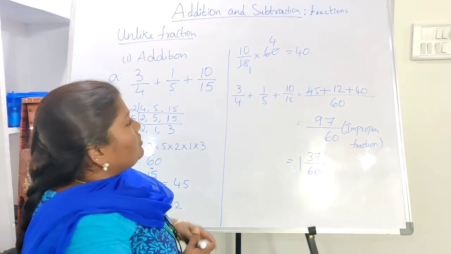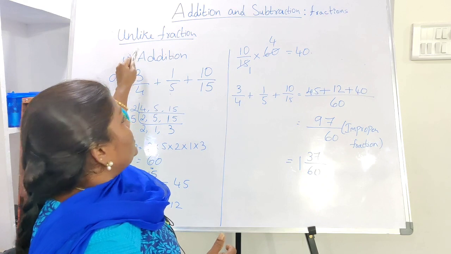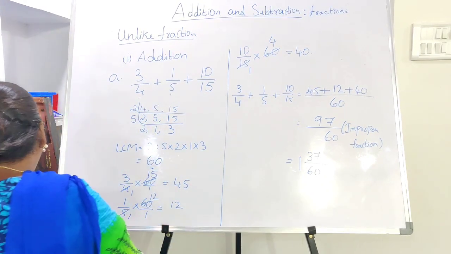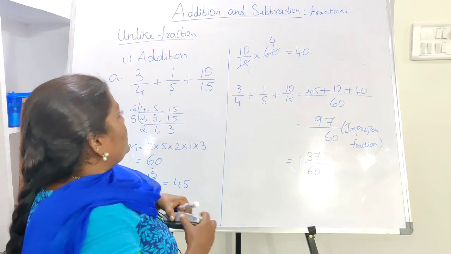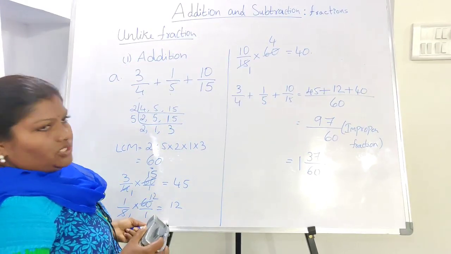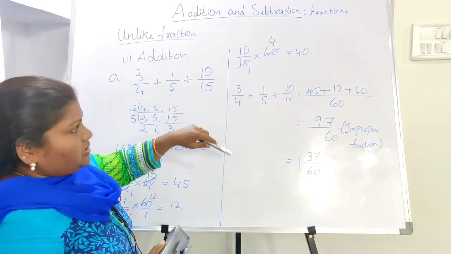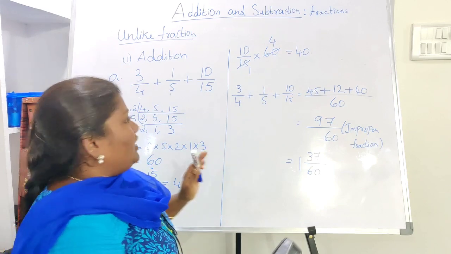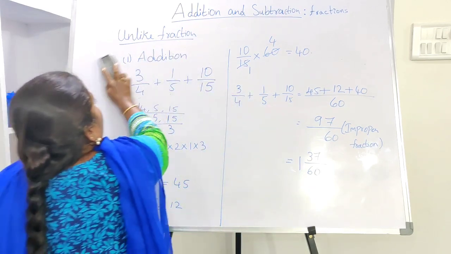So this is about the unlike fraction addition. Now this same process is applicable for subtraction also. Same, you have to find out the LCM, do the calculation for each fraction and then you can add or subtract accordingly. Let me give one example.